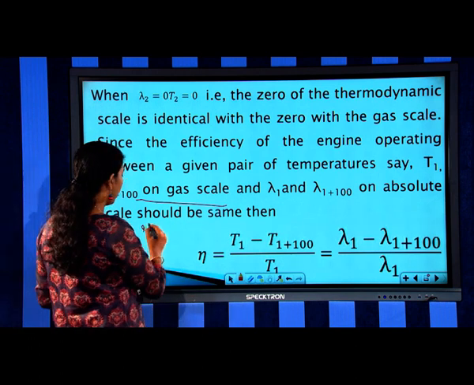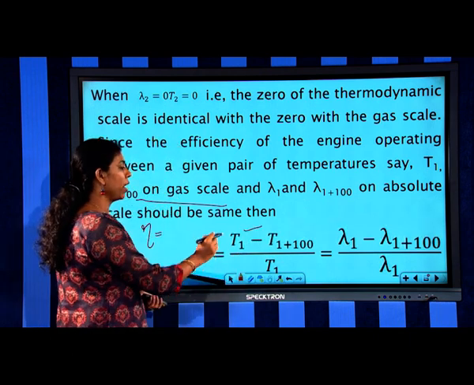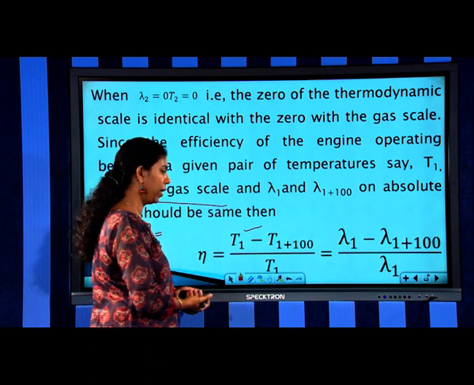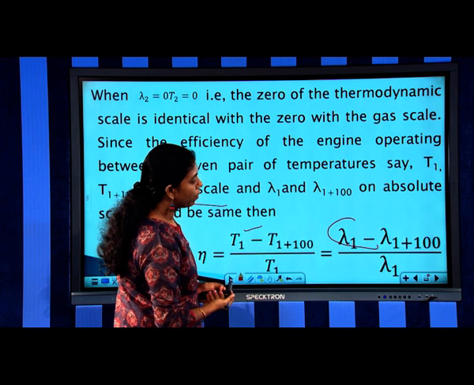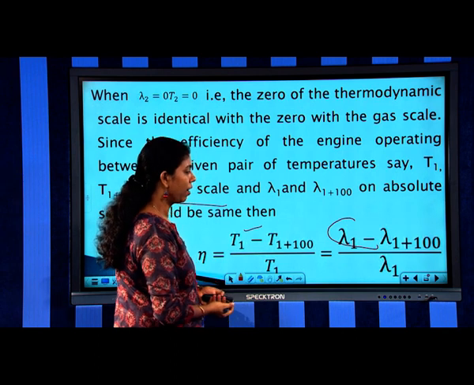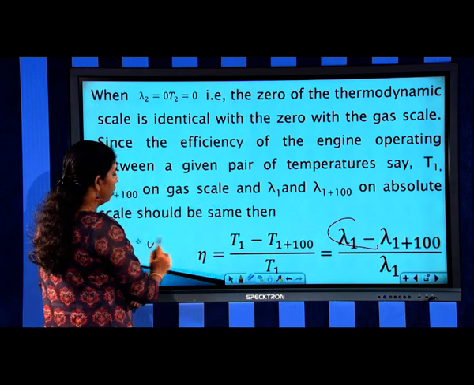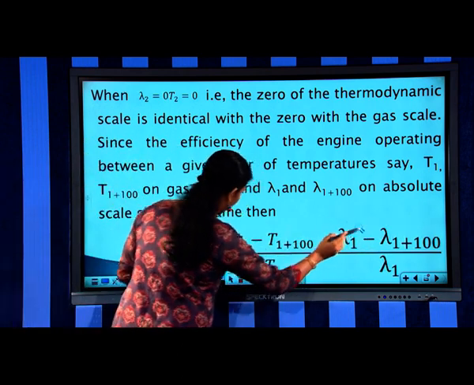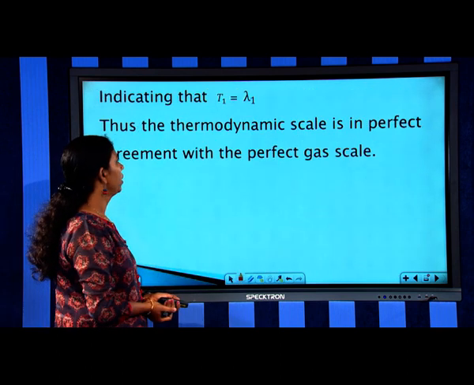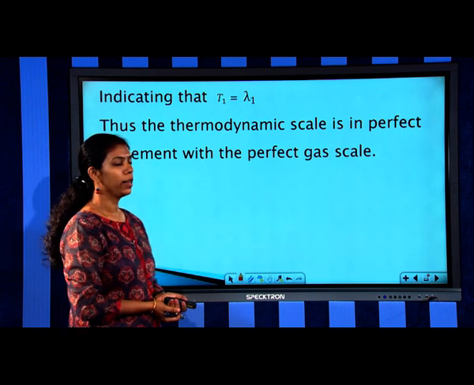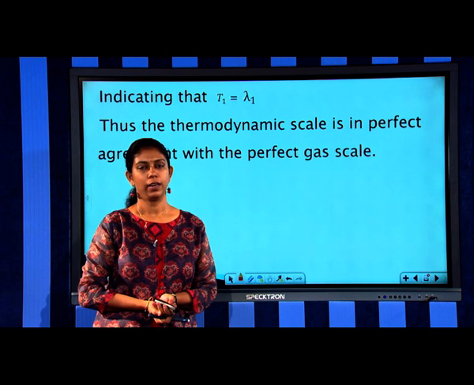Then eta can be written in the gas scale as T1 minus T1 plus 100 divided by T1, and in the absolute scale the equation becomes lambda 1 minus lambda 1 plus 100 divided by lambda 1, indicating that T1 is equal to lambda 1. Thus, the thermodynamic scale is in perfect agreement with the perfect gas scale.